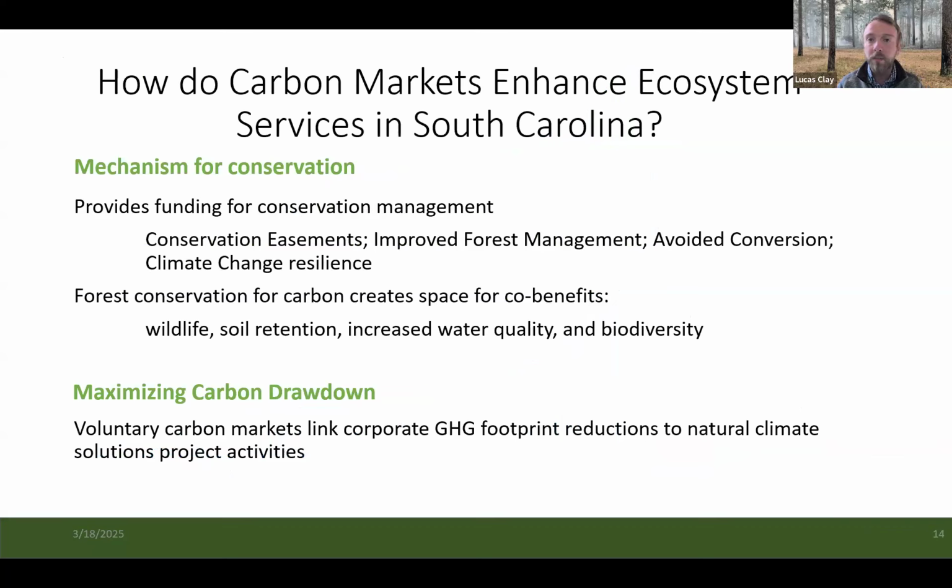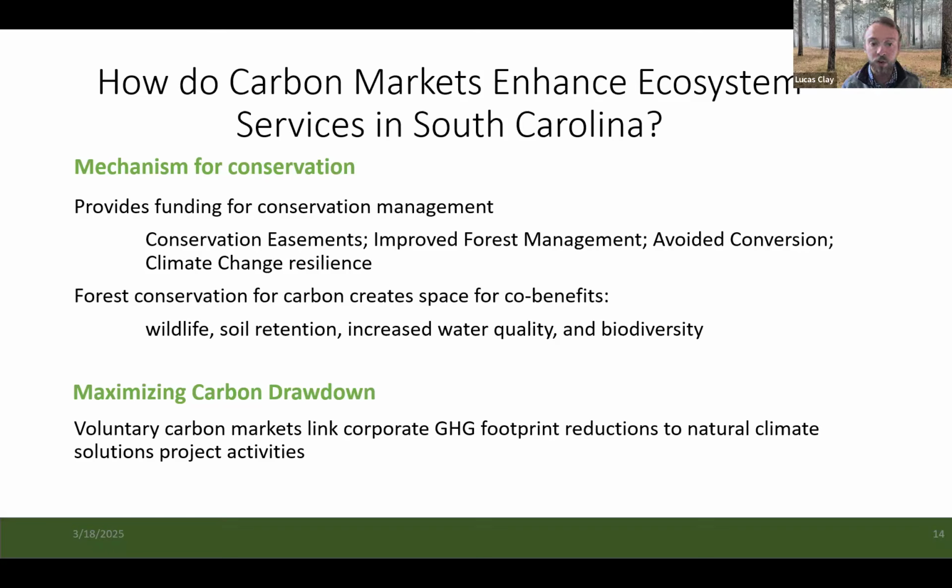So carbon markets have the ability to enhance ecosystem services in South Carolina and elsewhere, as a mechanism for conservation and maximizing carbon drawdown. They're one other new type of market-based solution for conservation management. They provide frameworks for easements, improving forest management, avoiding conversion to other land uses, and also building climate change resilience into our forests.